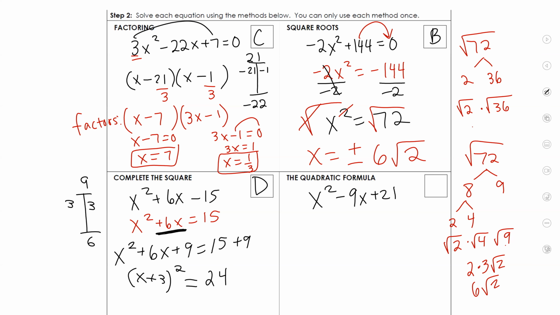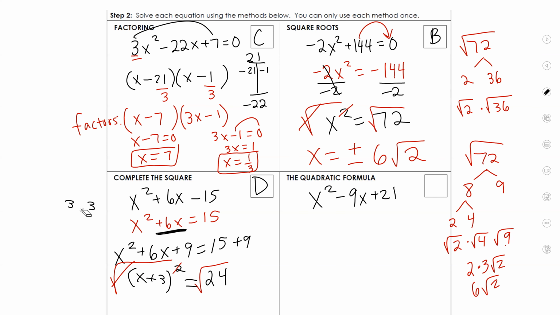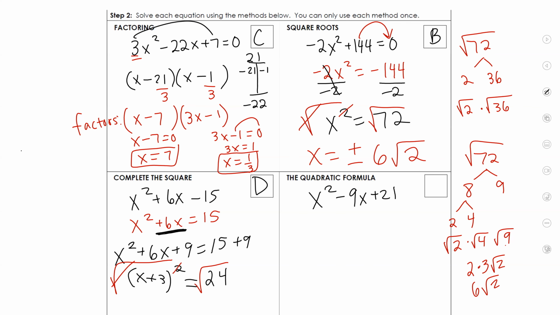From here, we're going to square root both sides. So I'm going to square root this side. That cancels out. I'll square root this side. Okay, I'm going to show my work off to the left over here. So I have x plus 3 equals the square root of 24. We can simplify the square root of 24 as, let's see, 4 and 6.